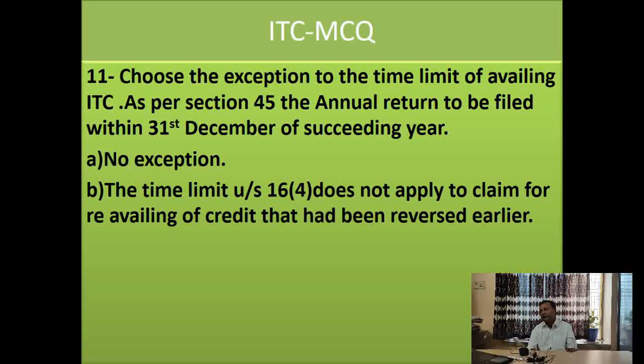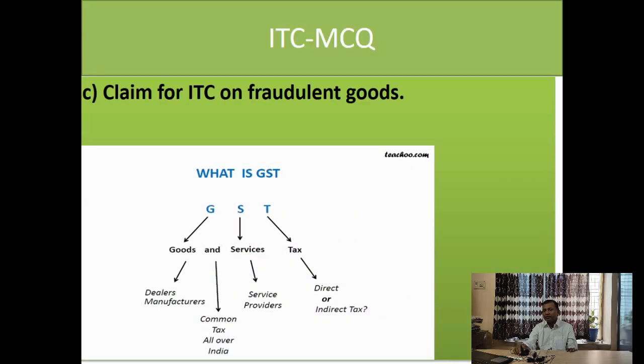Second, time limit does not apply to a claim for re-availing credit that has been reversed earlier. This is B, and C is a claim for ITC on fraudulent goods, none. Friends, ये जो आप देखते हैं उसमें B is the right answer.